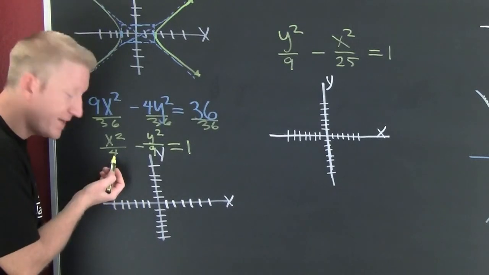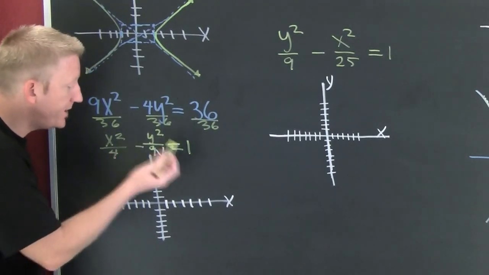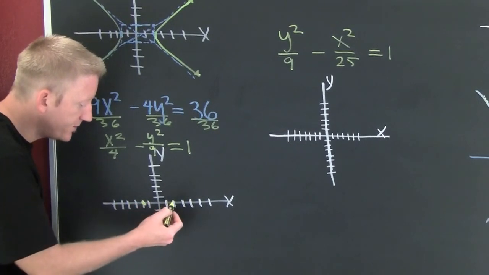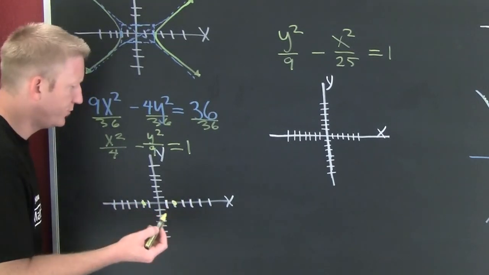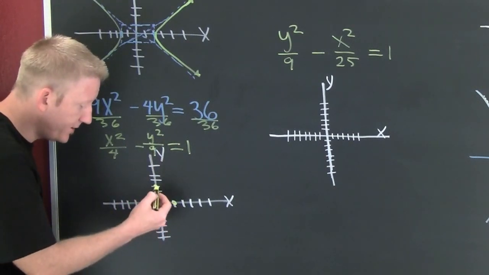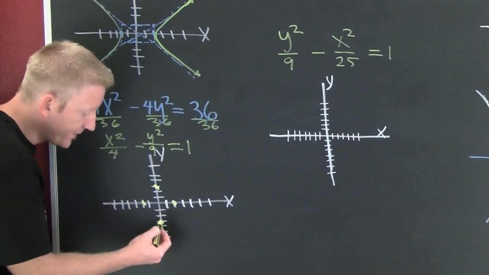Here, that's the square of 2. I'm in standard position, so I go left 2 and right 2. That's the square of 3, so I go up 3 and down 3.